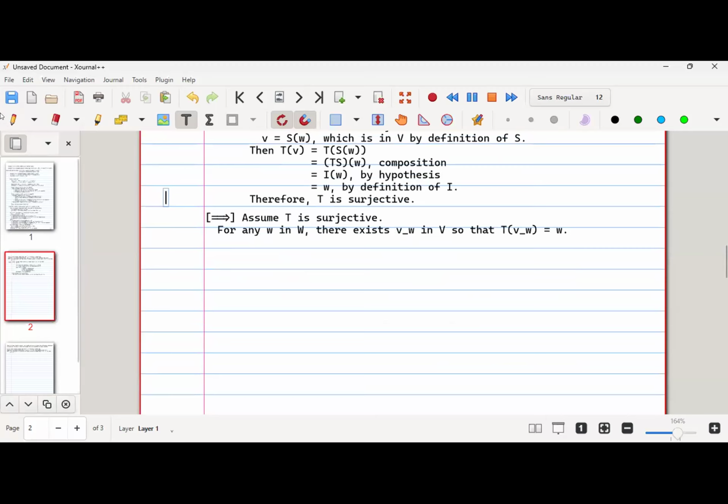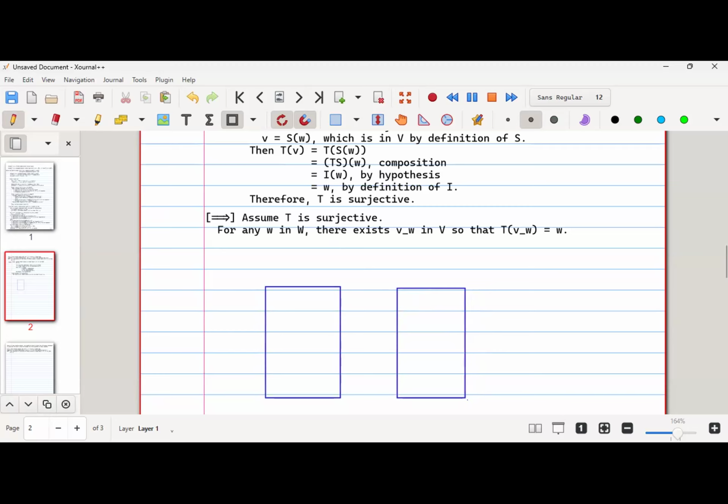I don't know, maybe I can draw something here. Anytime you have multiple linear maps mapping from a bunch of different vector spaces or sets, it's usually a good idea to draw out a diagram of who's mapping to where, right?